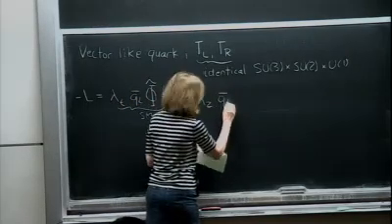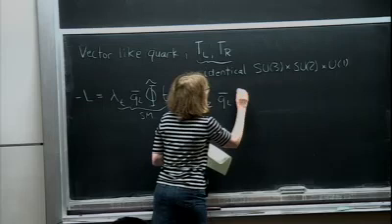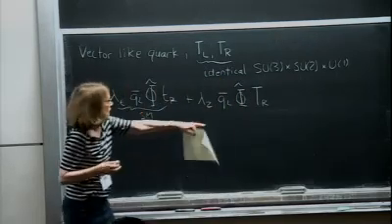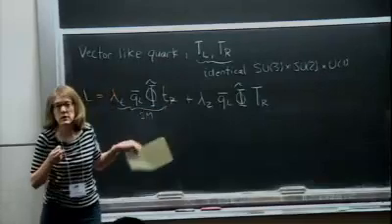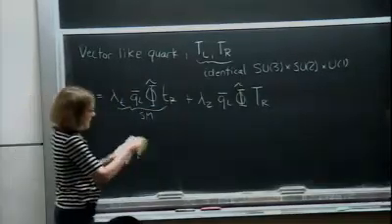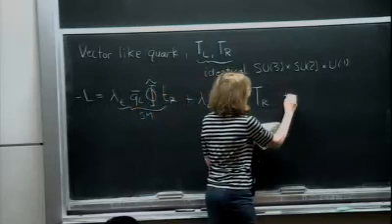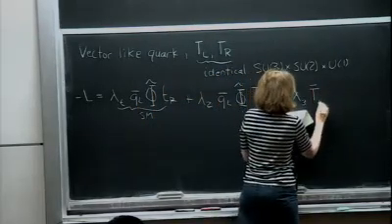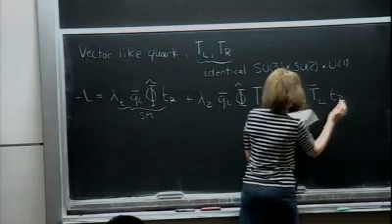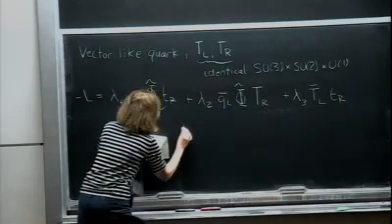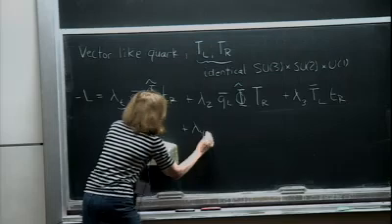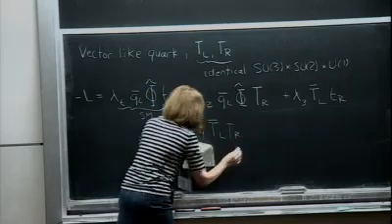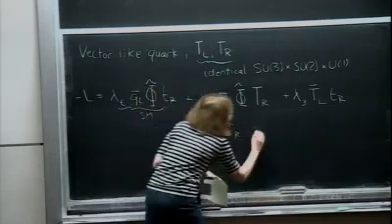So I can couple my new quark in the same way as I coupled my standard model quark: Q bar left phi tilde big T right. I can have a coupling lambda 3 T bar L T right. And then I can have a coupling lambda 4 T bar left T right, plus Hermitian conjugate.